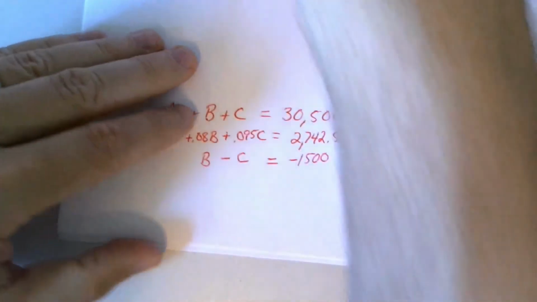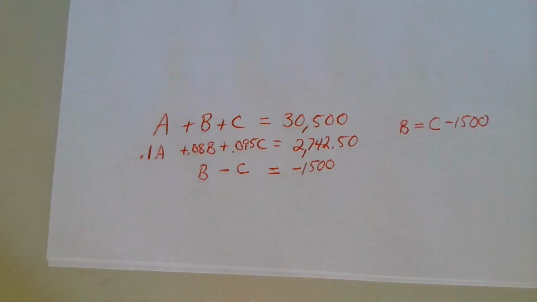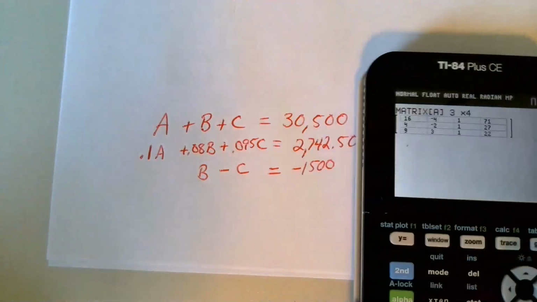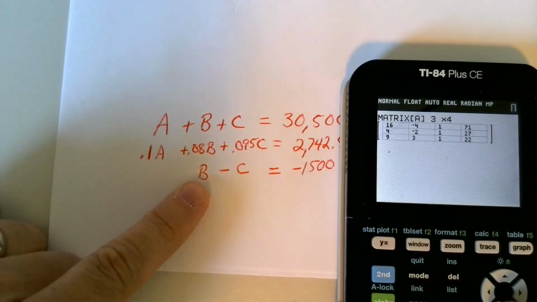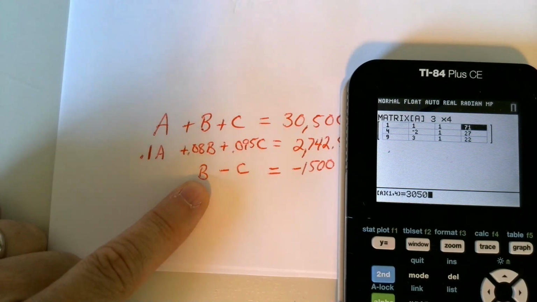So let's go ahead and see if we can put that into the calculator. So I'll go on second matrix. Would you guys agree this is best to just use an RREF on your calculator? So let's go ahead and plug this in. So top line, 1, enter, 1, enter, 1, enter, 30,500.